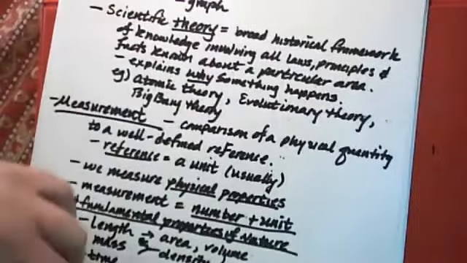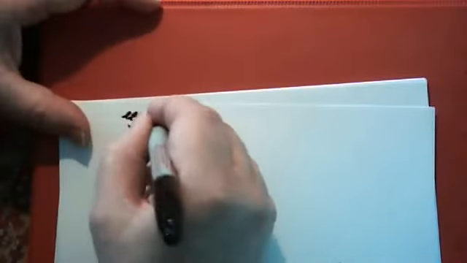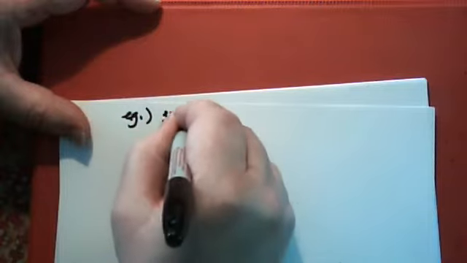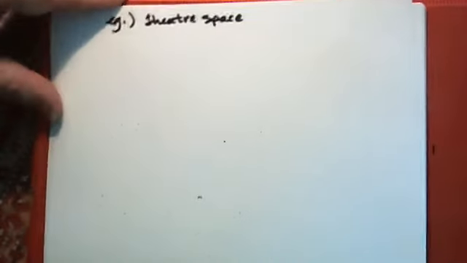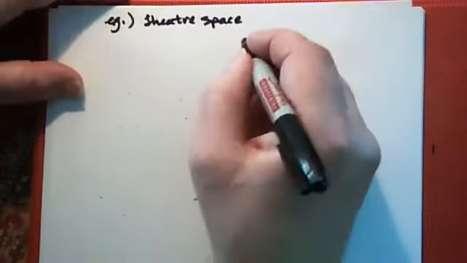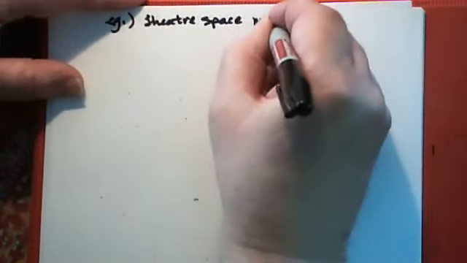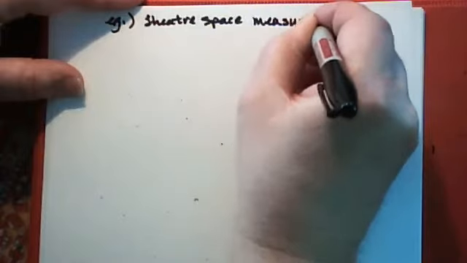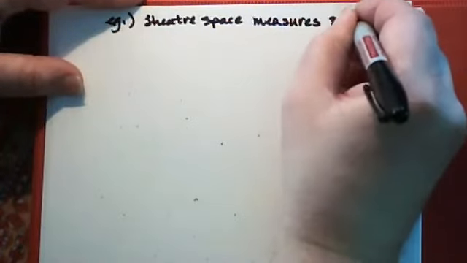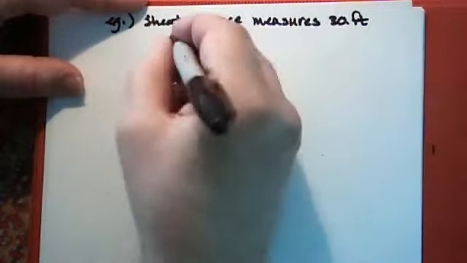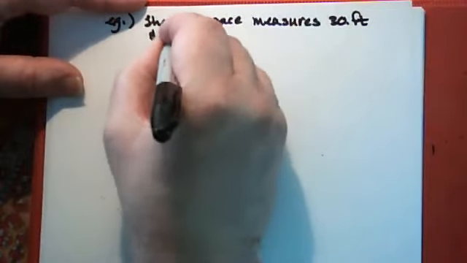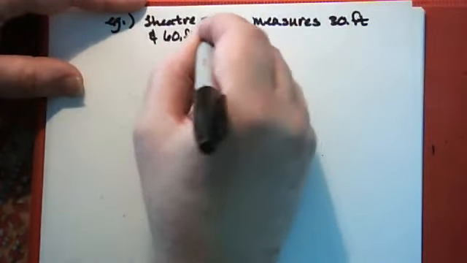We can look at an example of area. Say you've got a small black box theater, and the space measures 30 feet wide and 60 feet long.